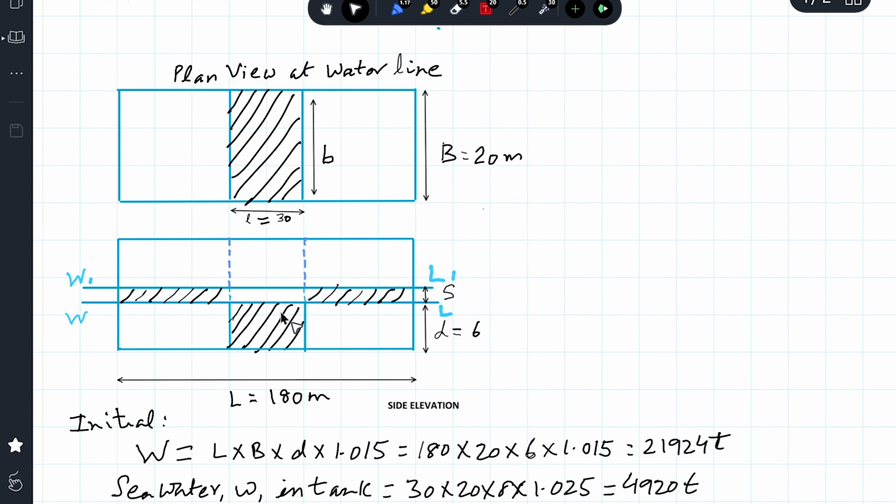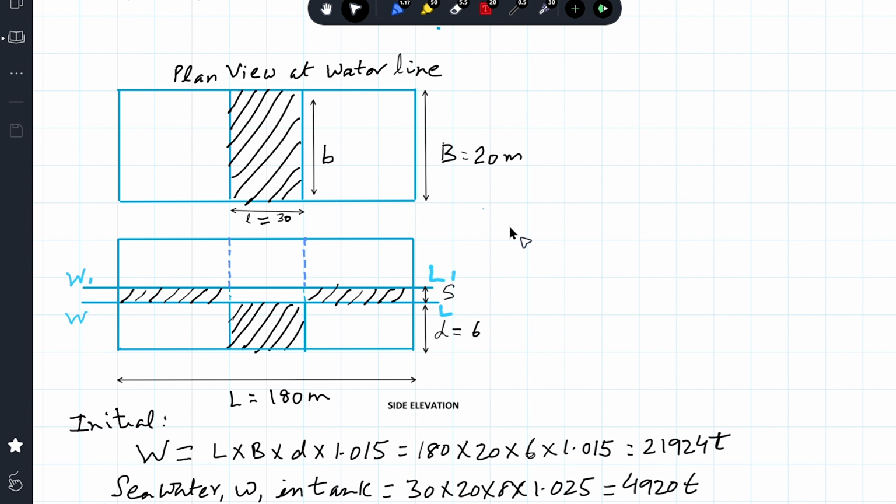This tank already has some salt water, and it gets bilged. So two things will happen here. As soon as this tank is bilged, the water inside it can flow in and out freely.